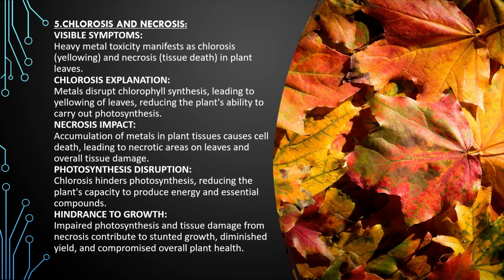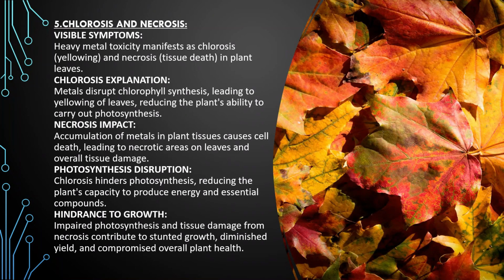Chlorosis explanation. Metals disrupt chlorophyll synthesis, leading to yellowing of leaves, reducing the plant's ability to carry out photosynthesis. Necrosis impact. Accumulation of metals in plant tissues causes cell death, leading to necrotic areas on leaves and overall tissue damage. Photosynthesis disruption.